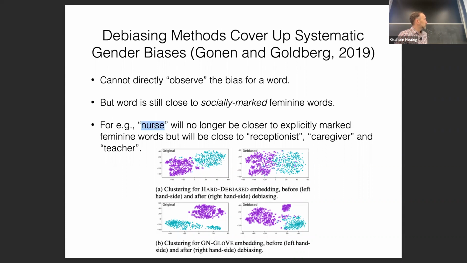So for example, nurse might no longer be closer to explicitly marked feminine words, but it might be closer to other professions that were traditionally female. And so because of this, it's not necessarily the case that this would solve your downstream problem. So this is another argument for being very clear that you're also looking at the downstream system performance with respect to bias, not just the embeddings themselves.